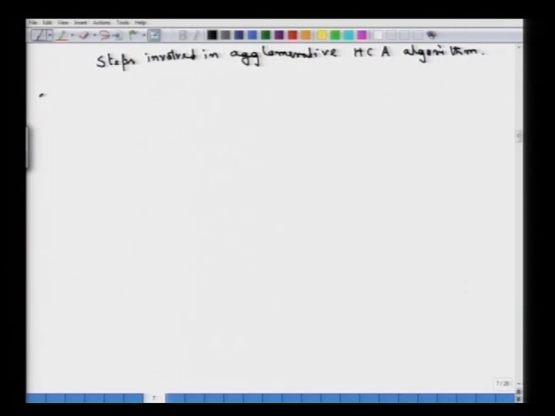So, we look at the computational steps. These basically are the computational steps. Now, the basic philosophy of the agglomerative hierarchical clustering method is that we will be looking at the clusters, or rather to start with we will be looking at the n objects being members of n different clusters.